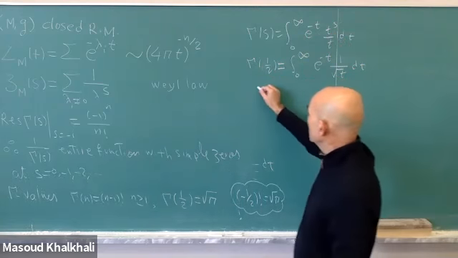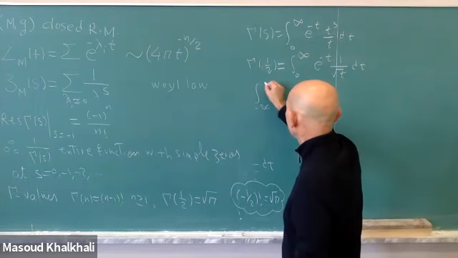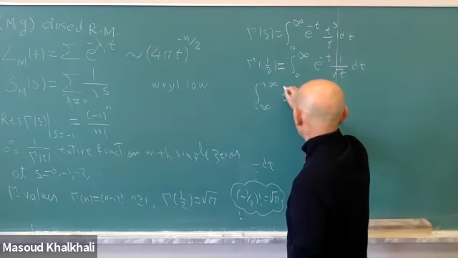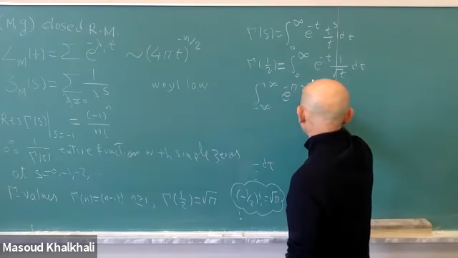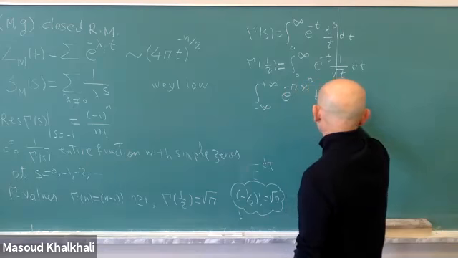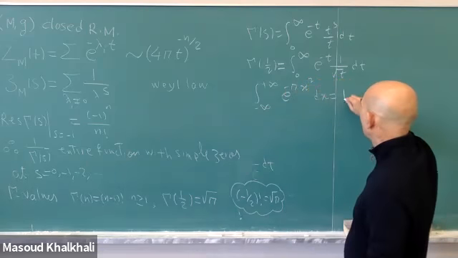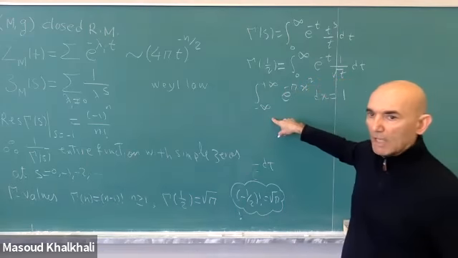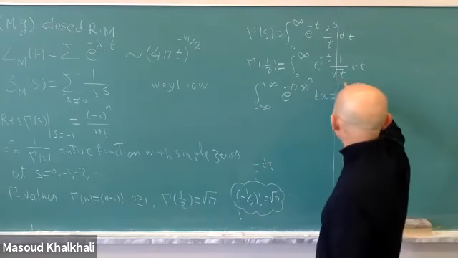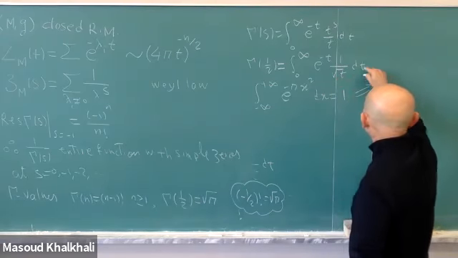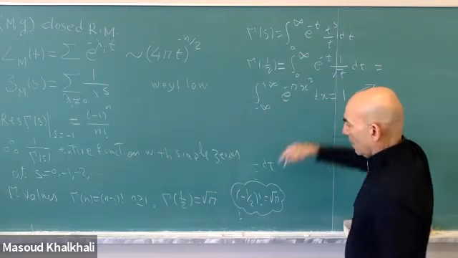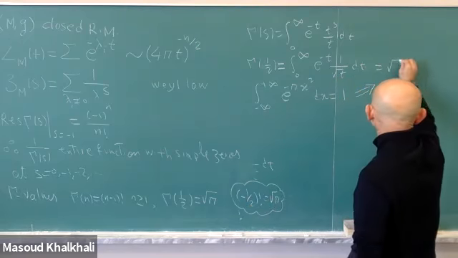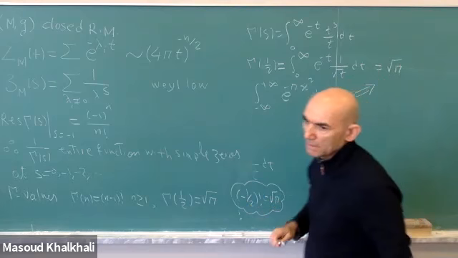If you use the famous Gaussian integral formula, the integral of e to the minus pi x squared dx equals 1, this is the value of the Gaussian integral. This implies that this is equal to root pi. So that gives you root pi.